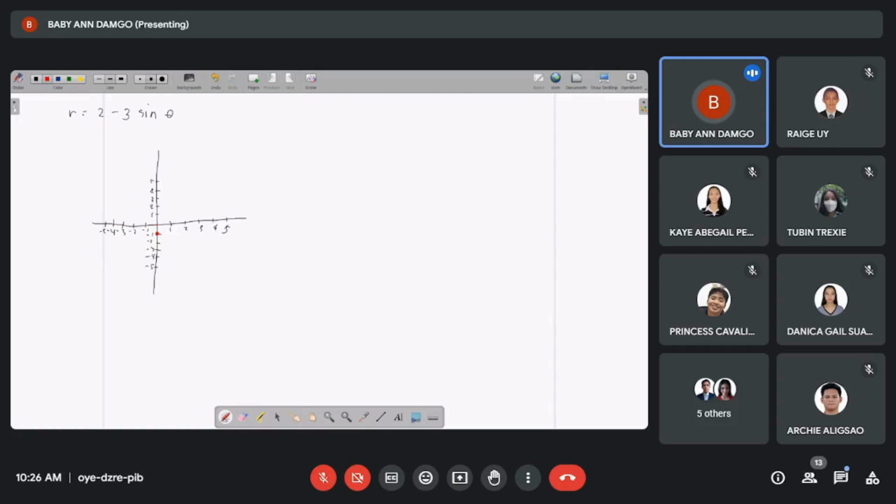So, na siya dire. And then, since our A is 2, so we have 1, 2, and then 1, 2. So from the right and from the left, and then we can form the limason with a loop.